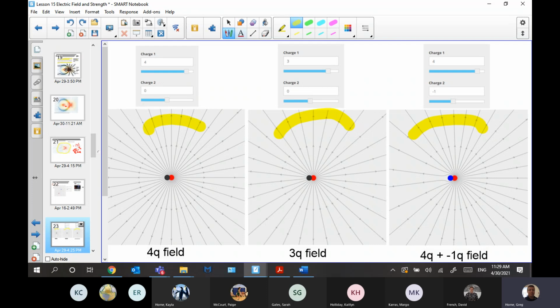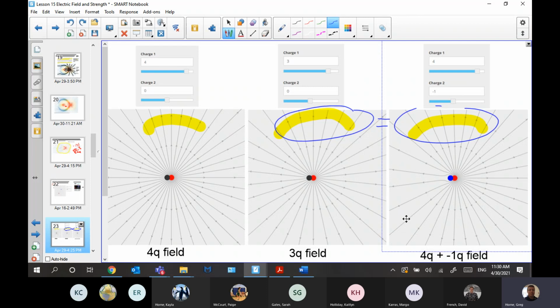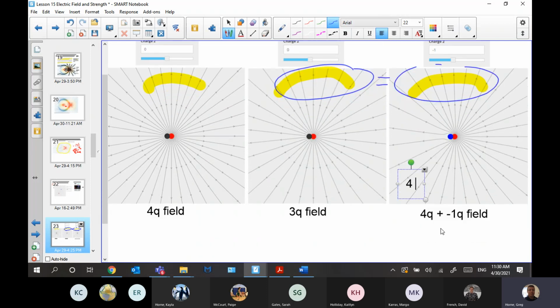You can tell that this one and this one are the same as each other, right? This one's created by having a single 3 charge. This one's created by having a 4 near a -1. And so basically the math works. It's like 4 plus -1 equals 3. That seems to make sense, doesn't it?